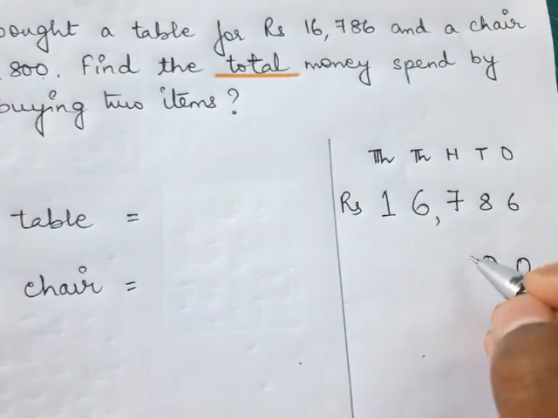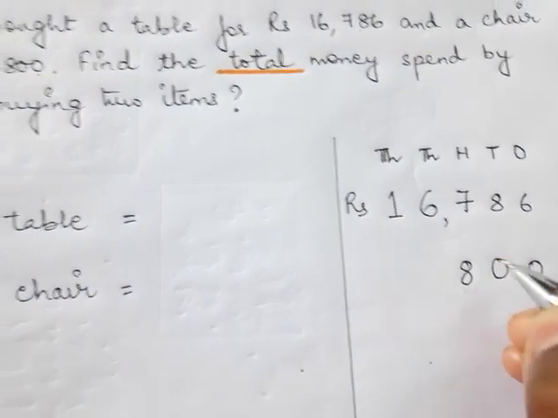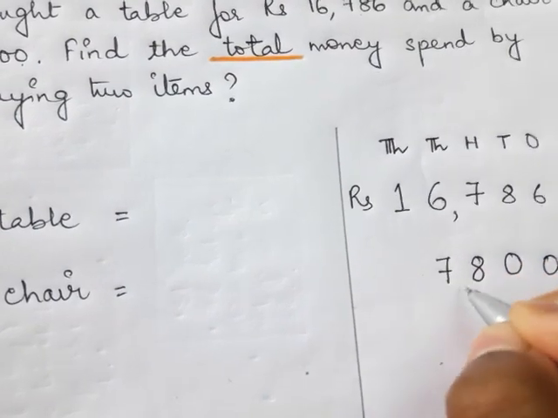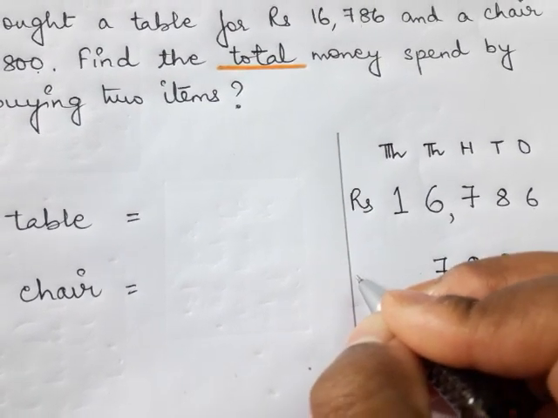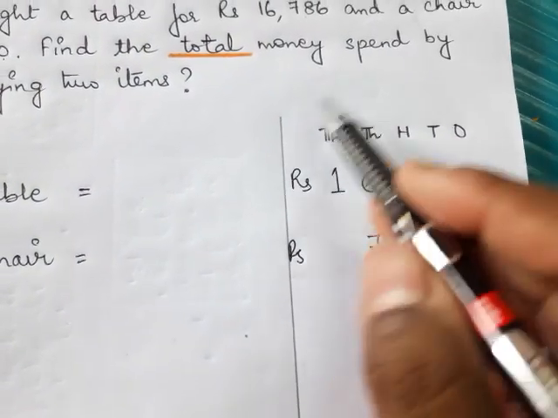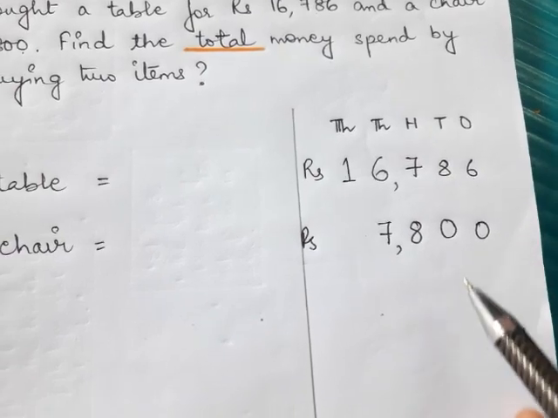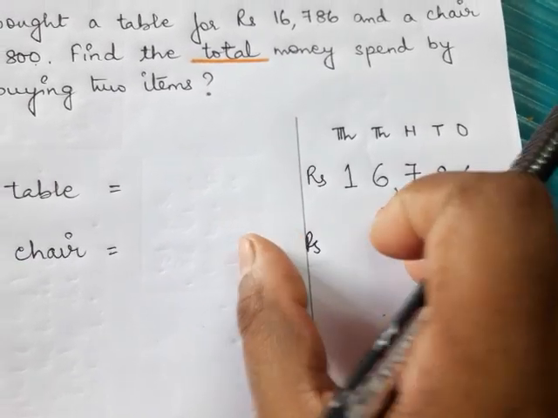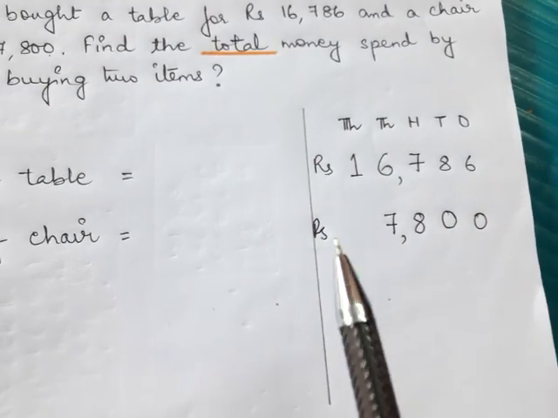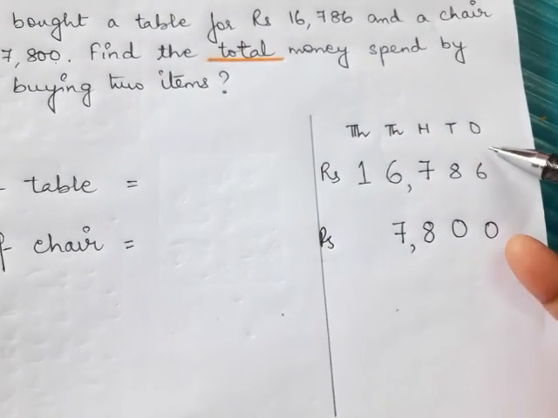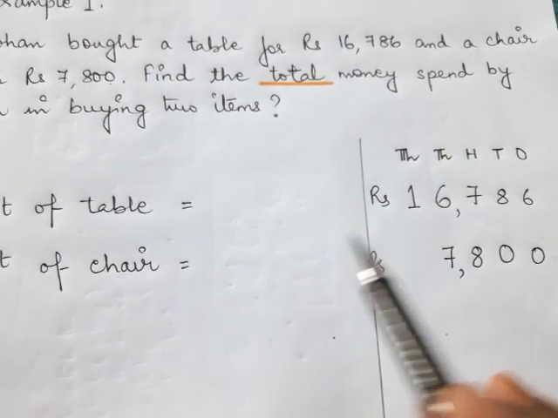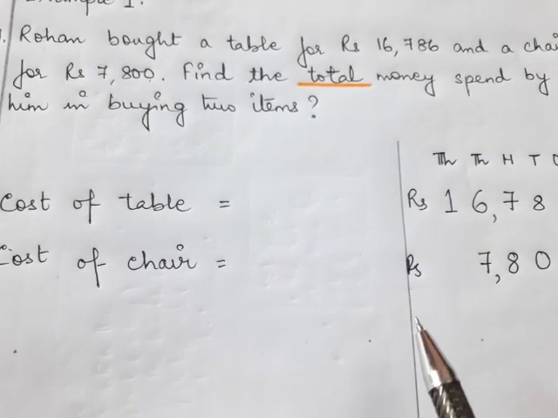Then 8 is in my hundreds place, and 7 is in my thousands place. I'll place a comma and I'll write rupees here. See how I have written it here. I have maintained the places properly. If you are not maintaining it correctly, then your answers will be wrong. So you have to maintain ones place, tens place, hundreds place, thousands place, and 10,000s place, and place the numbers accordingly. Clear?